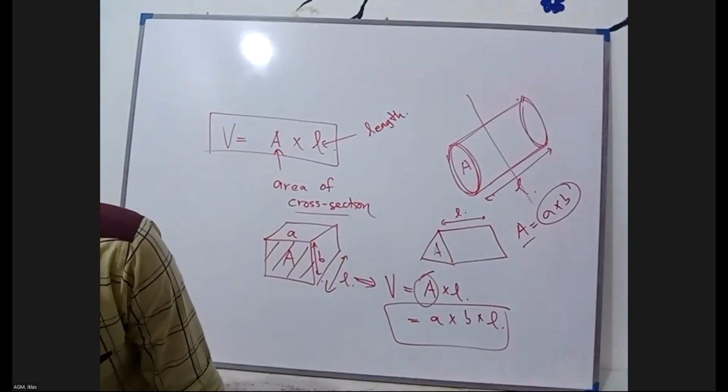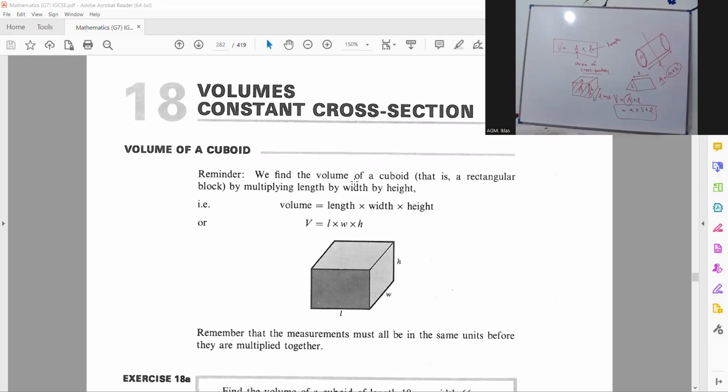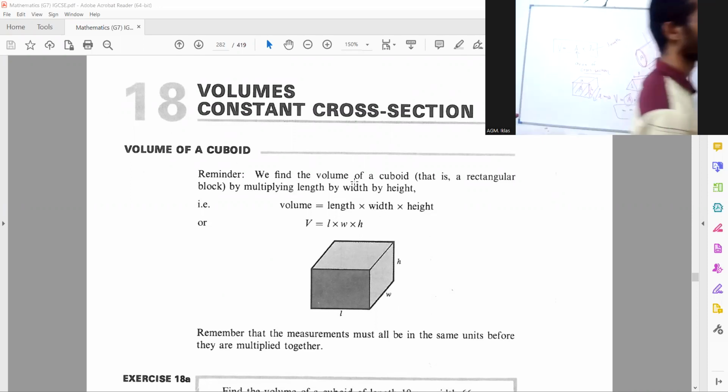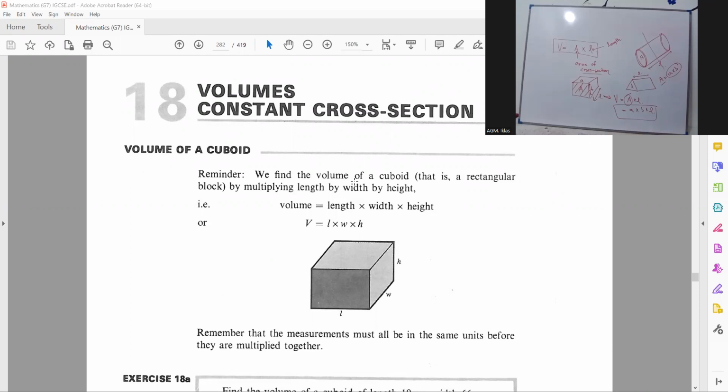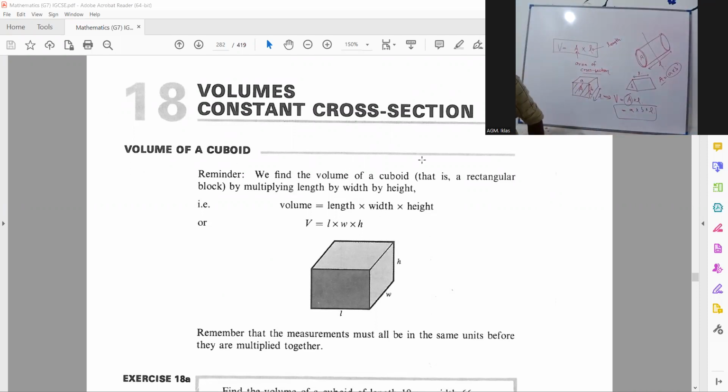Let me share the screen. Right. So here you can see volume of a cuboid.